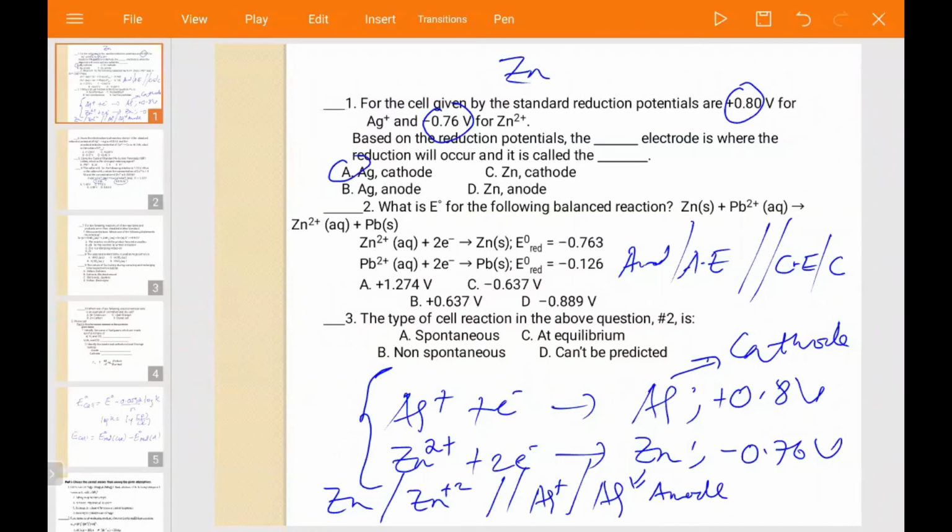Yes, zinc is the anode. Okay, what is your evidence you are right? Because it is the smaller of the two.